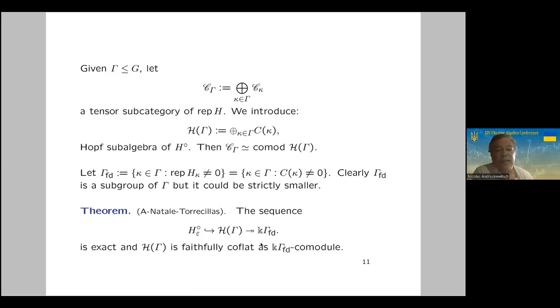And this is the same as the kappas in gamma such that C kappa is different from 0. This is a subgroup of gamma, but could be strictly smaller than gamma. There are cases where H kappa has no finite dimensional representation, except the trivial one. So I say different from 0, I should have said different from K.